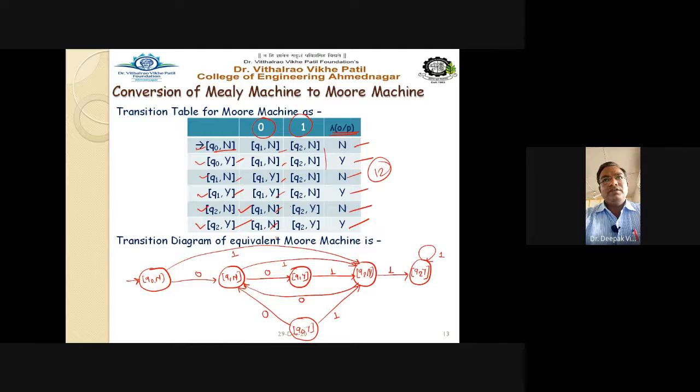So Q0N with output N, then Q1N, the output is N. Then Q1Y slash Y, then Q1N slash N, then Q2Y slash Y, and Q0Y slash Y. All these are the states, and their corresponding transitions are drawn in the diagram, and this is your resultant Moore machine. Getting this point? So these are the examples of how we are converting the Mealy machine to the Moore machine.